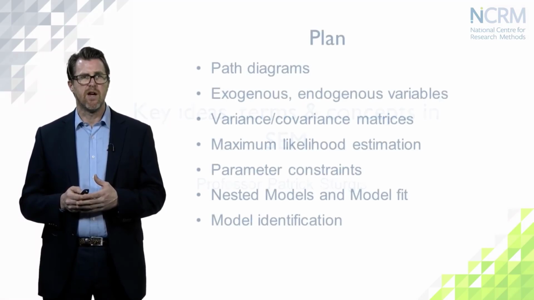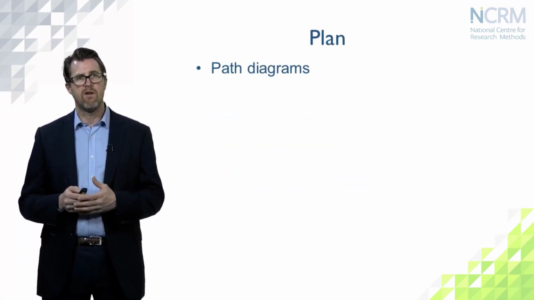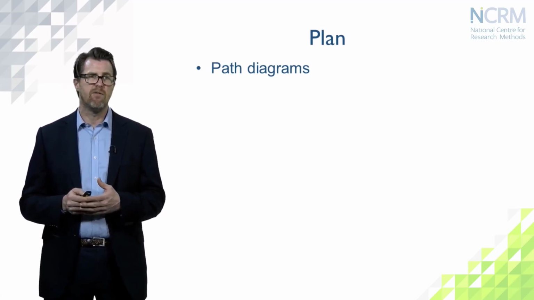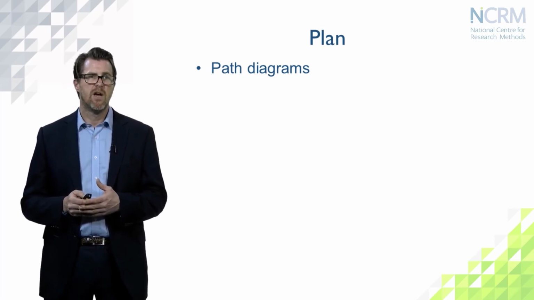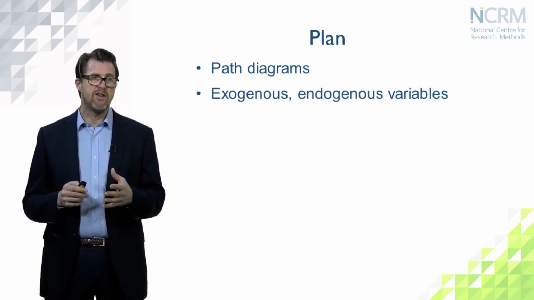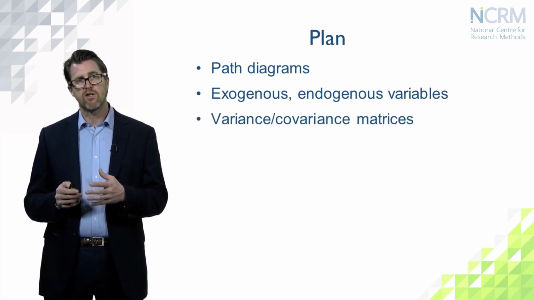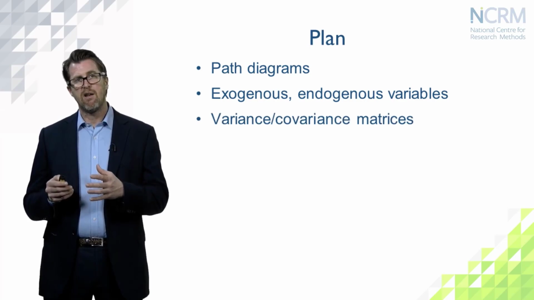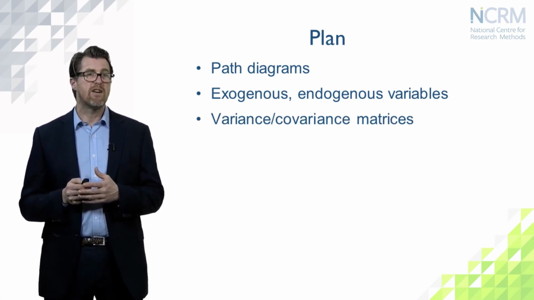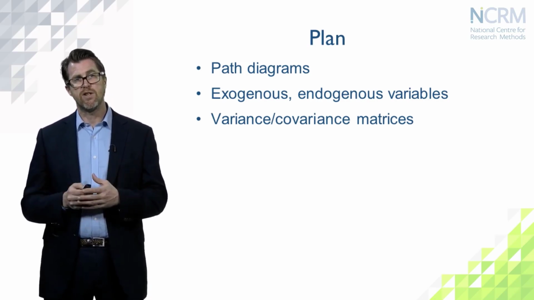So in this video I'll be talking about path diagrams, the way that we represent equations and theories in the form of diagrams in SEMs. I'll talk about the difference between exogenous and endogenous variables. I'll talk about the way that structural equation modelling analyses not the raw data but the covariance matrix of the variables that we're interested in.